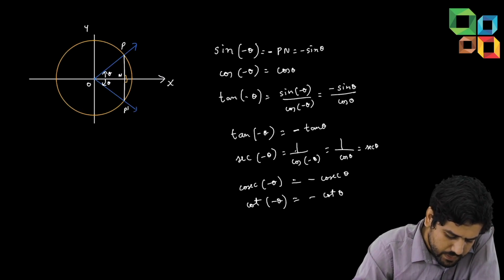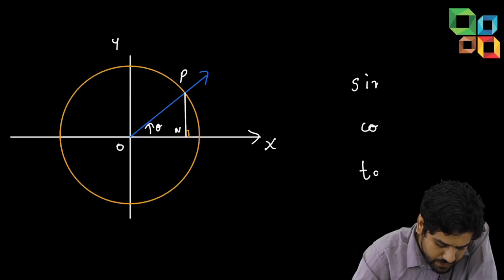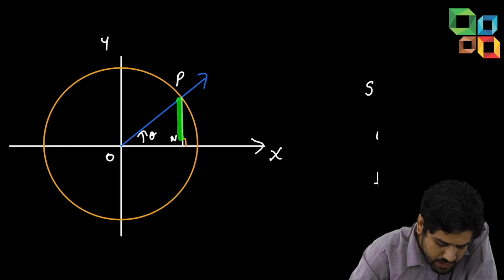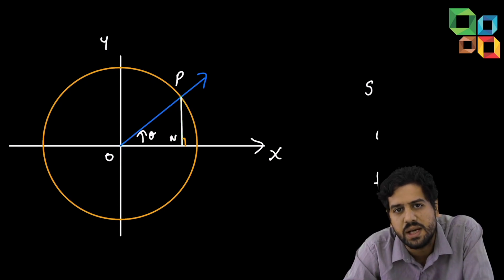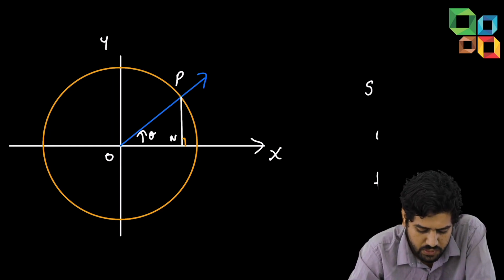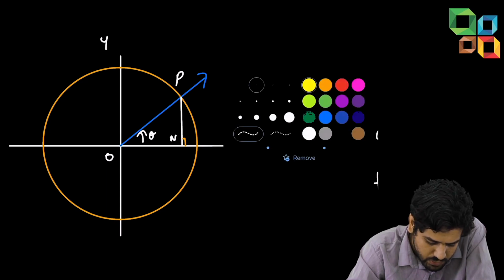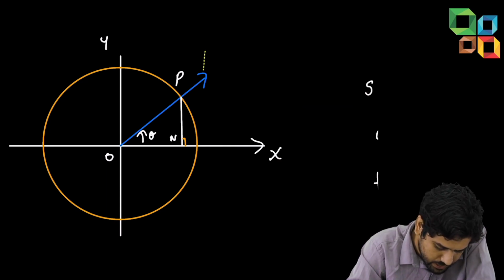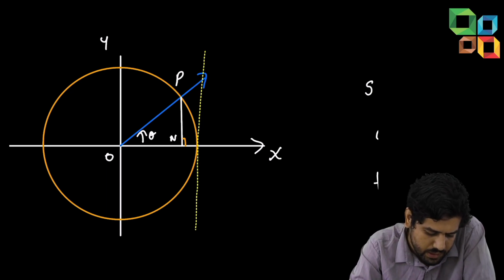So we have our unit circle. We have this value of sine theta, cos theta, right? This will be sine, this will be cos. Somehow we want to get some measurement which will directly give us tan. So how you get it is this. I will show you that if you draw a tangent at this point, okay.